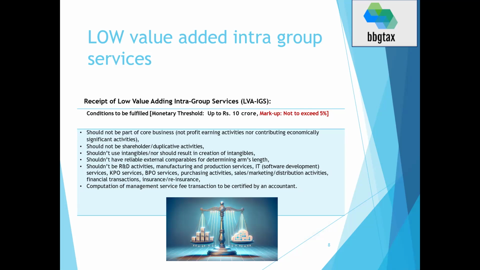So what this particular provision is essentially saying is that if you're providing low value added intra-group services up to 10 crore rupees of transaction, then the markup should not exceed 5% in such a case.